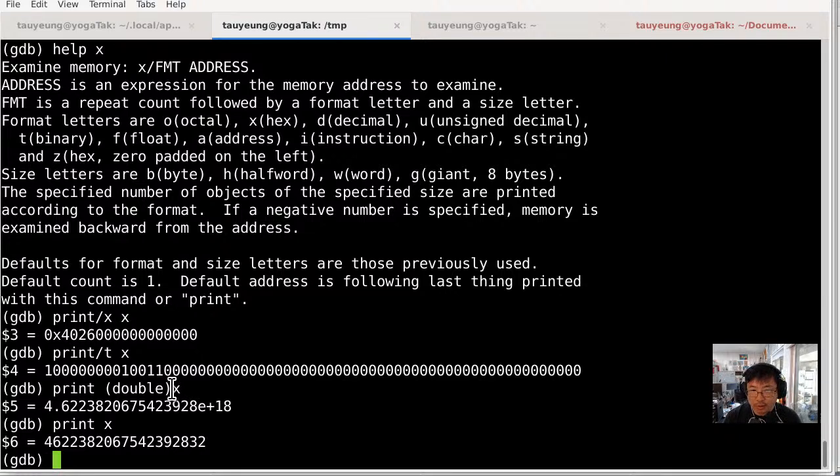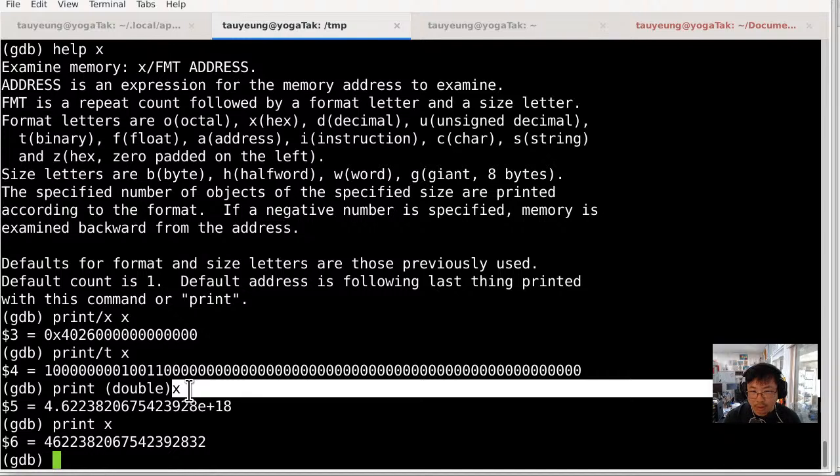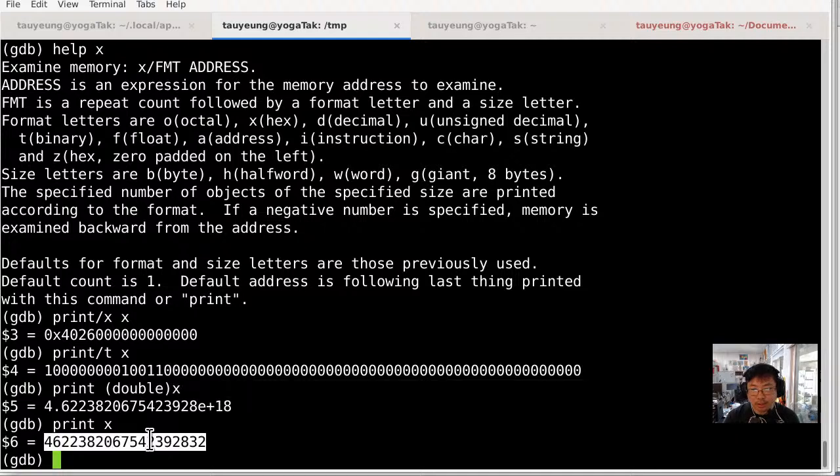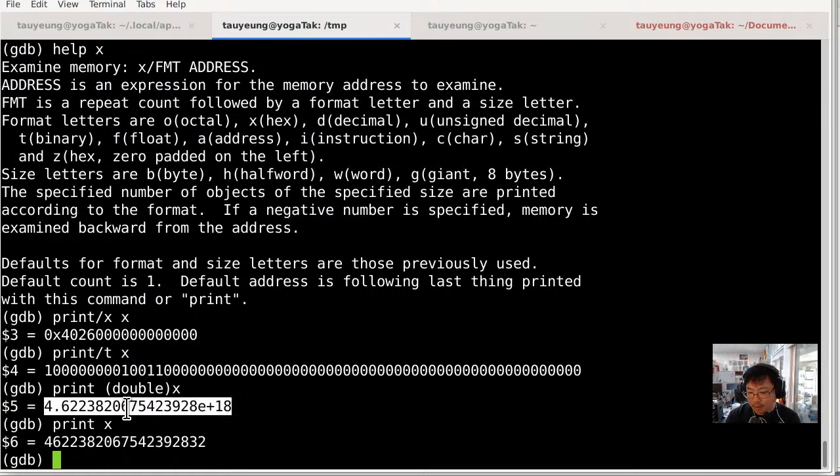In other words, the first thing the debugger in this case is going to do is look at the value of X. We are not changing the way we look at the bit pattern of X. We're only casting this gigantic integer into a double, which is then printed like this.